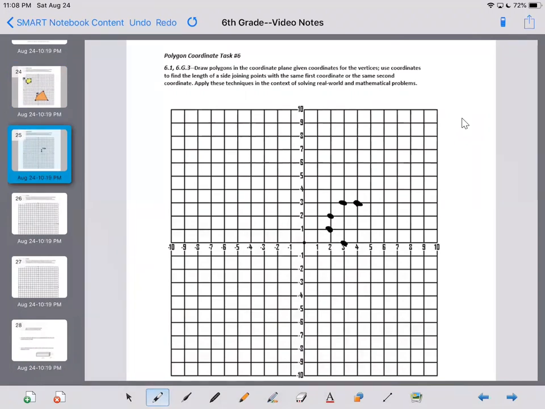That's what we call an x-intercept. To the right 4 and 0 is another x-intercept. To the right 5 up 1. To the right 5 up 2. And then we're back to 4, 3. So there's an octagon, eight-sided, and that would be figure C.